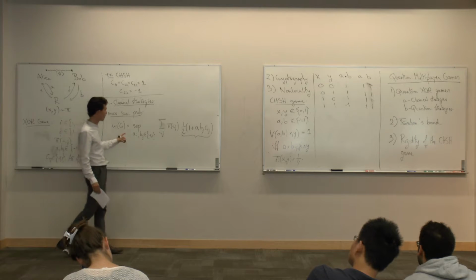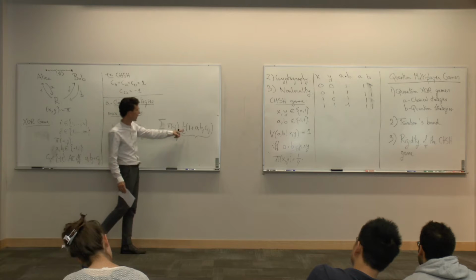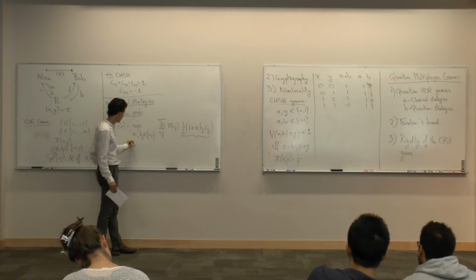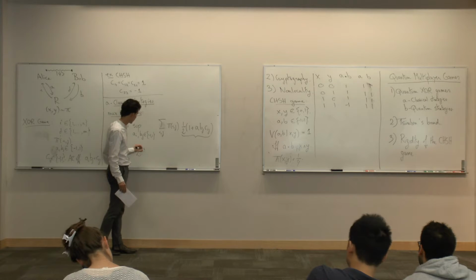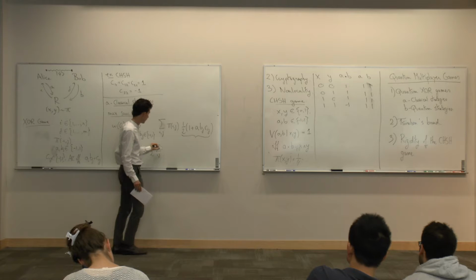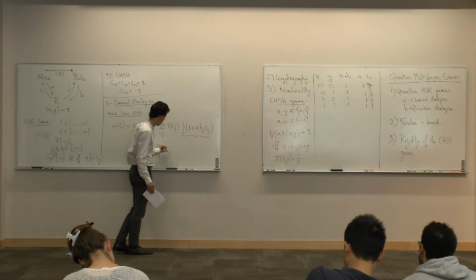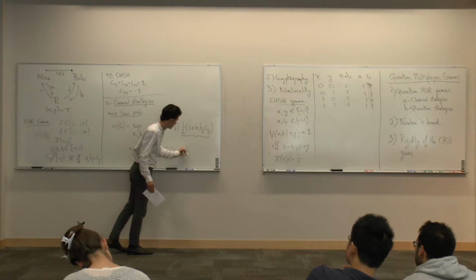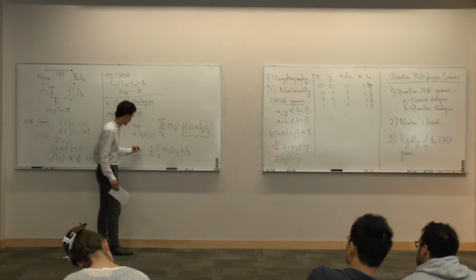The reason I'm writing it this way is that it's convenient to expand this product here. By expanding it, I'm going to get a half plus a half sum over ij of phi_ij c_ij a_i b_j, and I forgot the supremum here.